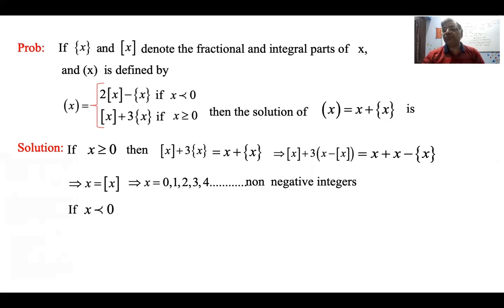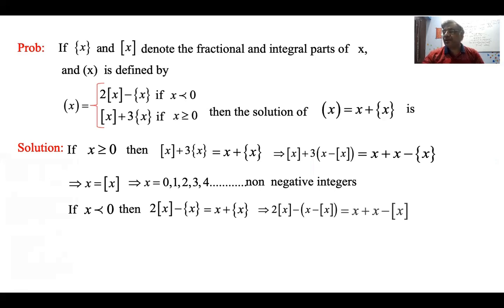When x is negative, then the ordinary bracket of x is nothing but 2 times ceiling x, minus floor of x is nothing but x plus floor of x. When you simplify that, 2 ceiling x minus ceiling x, wherever the floor x is there, that is replaced by x minus ceiling of x. Here it is correct.